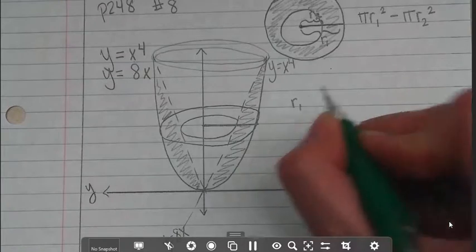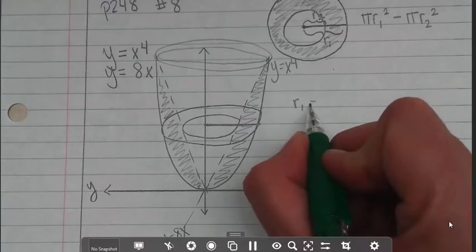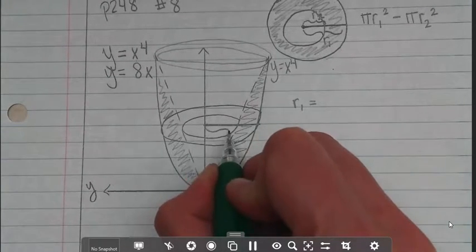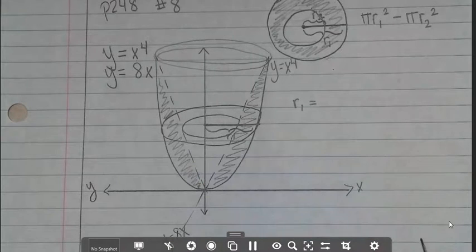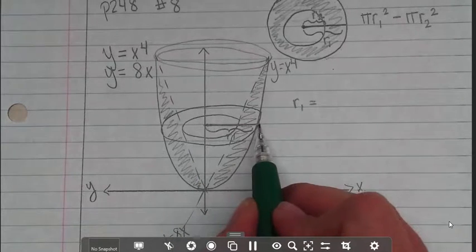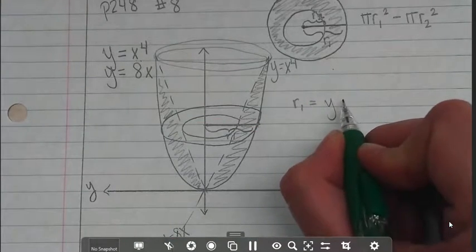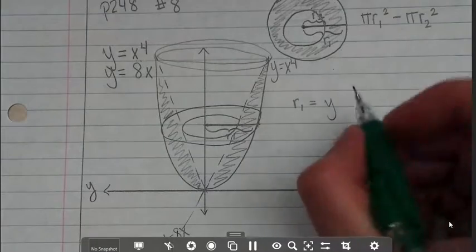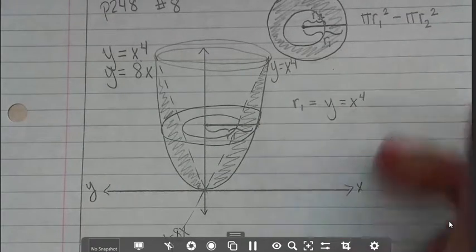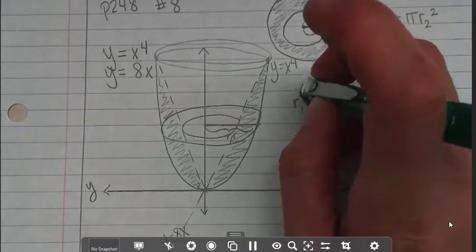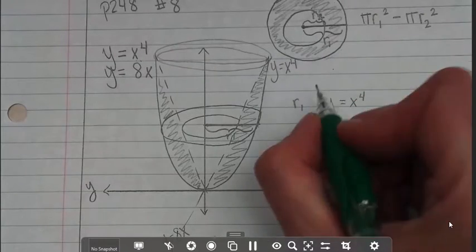What is my outside radius? My R1 goes to the outside function, which is my quartic function, right? So my outside radius right now is y equals x to the fourth. Maybe instead of putting equals, I'll put a little colon there because we're going to need to work with that.